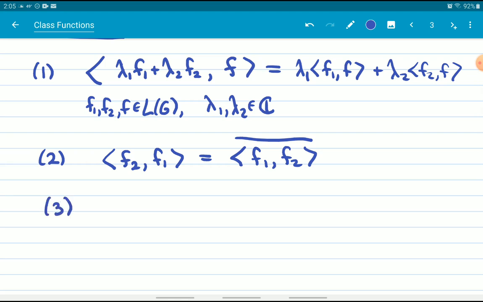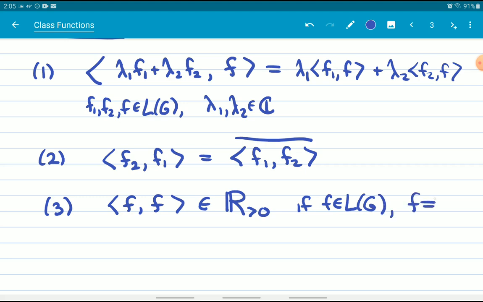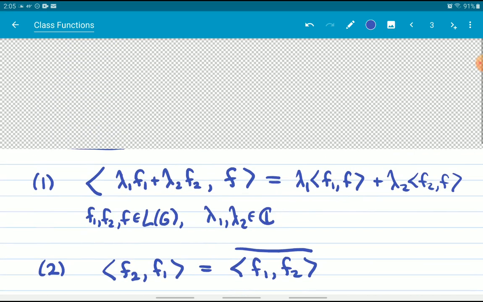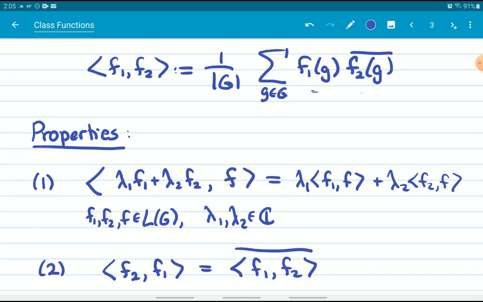Third, if I take the pairing of a function with itself, that's always going to be a real number. In fact, a positive real number if I have a function which is not the zero function. That's just because if f1 is f2, then each term here is f of g times f of g conjugate, and you know that's the length squared of the complex number f of g.